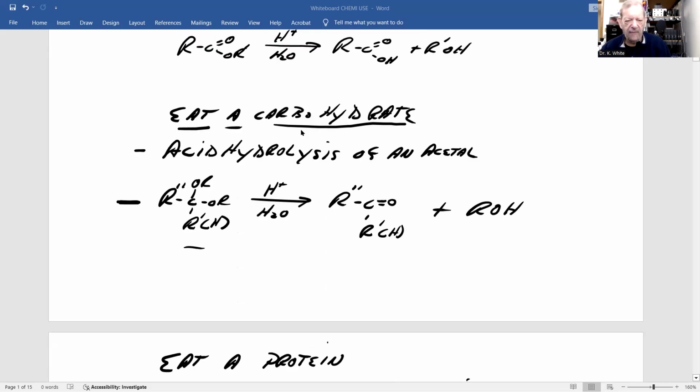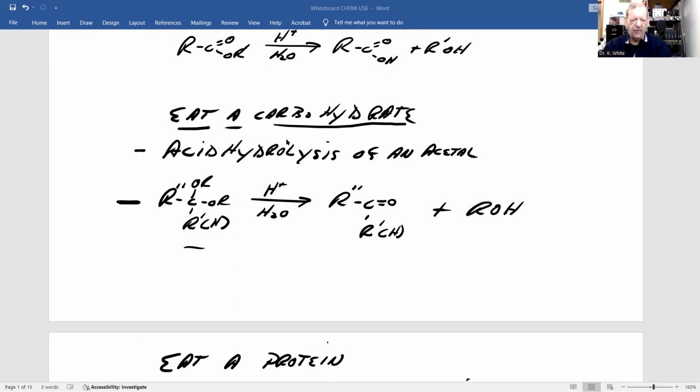Now, when you eat a carbohydrate, again, in your stomach is acid and water, so it's acid hydrolysis. What's the key functional group that holds glucose together in carbohydrates? And that's an acetal.